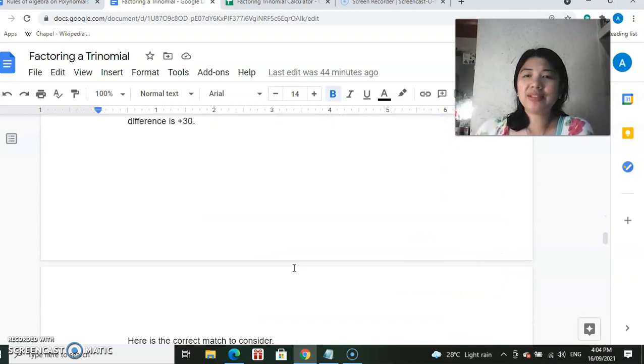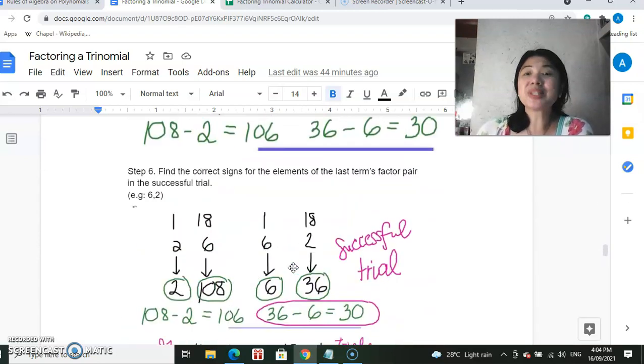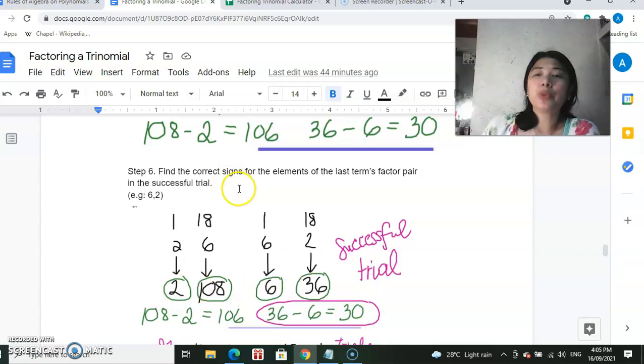So I'll present now the successful trial. So yes, it will be the factor pair 18.1 for the first term. And for the second term, the factor pair that I need to use is 6, 2 or 2, 6. So we will going now to write, okay, 1, 18 or 18, 1.